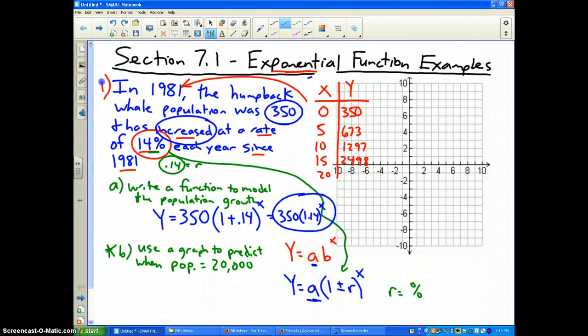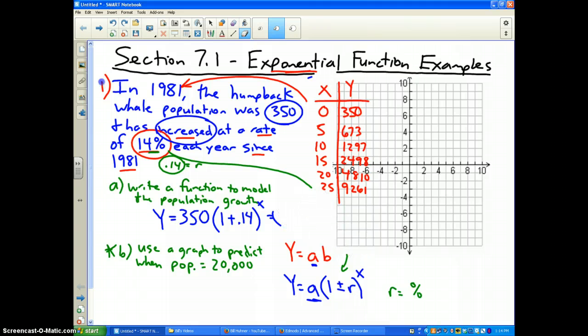After 20 years, it's 4,810. After 25 years, it's 9,261. After 30 years, it's going to be 17,833.